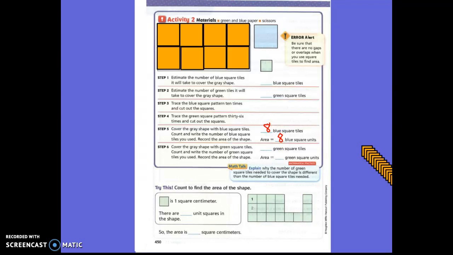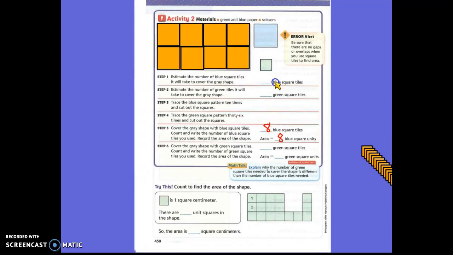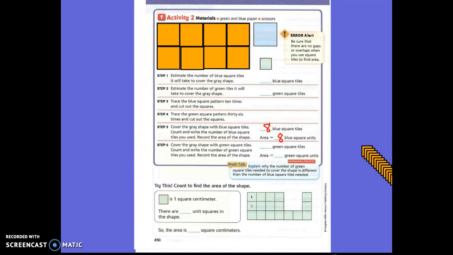Okay. There's 8. That's supposed to be the estimate. Like pretend like I estimated that it was going to take 10. Didn't you write down your estimates? Yeah. Okay, and then green, I'm going to say 20 for green.